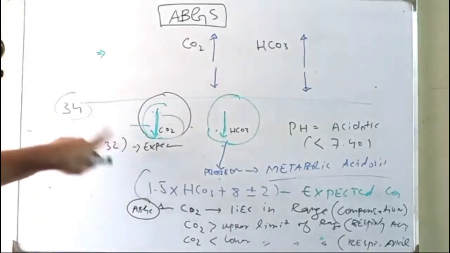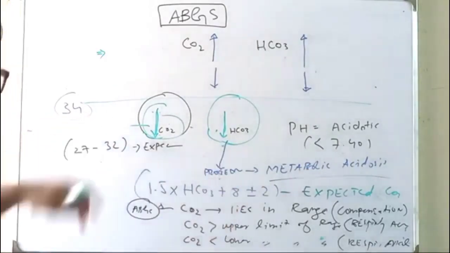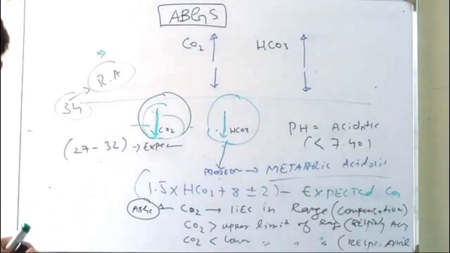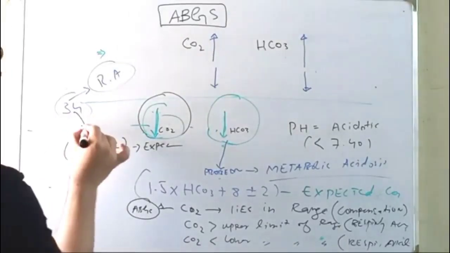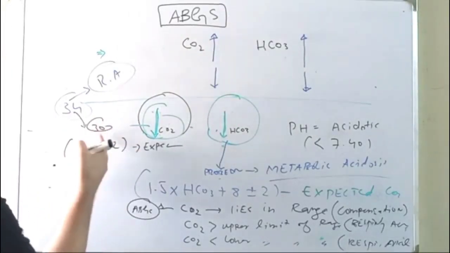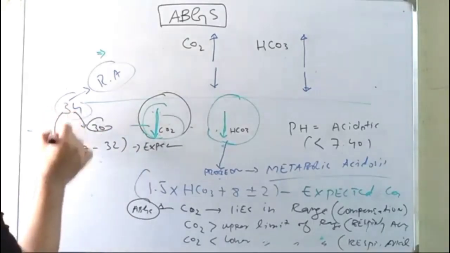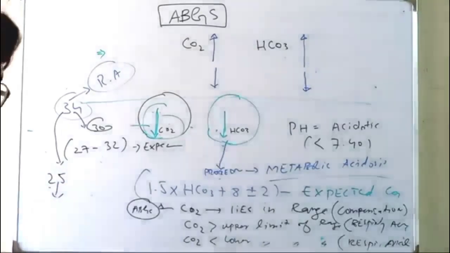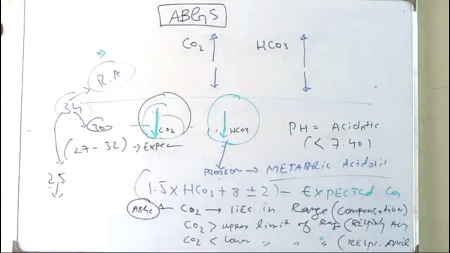Now this comes out of the range and is more than the upper limit, so there is respiratory acidosis. And if this value lies within the range, for example 30, then this is compensation. And if this value is less than 27, for example 25, there is a respiratory alkalosis along with metabolic acidosis.